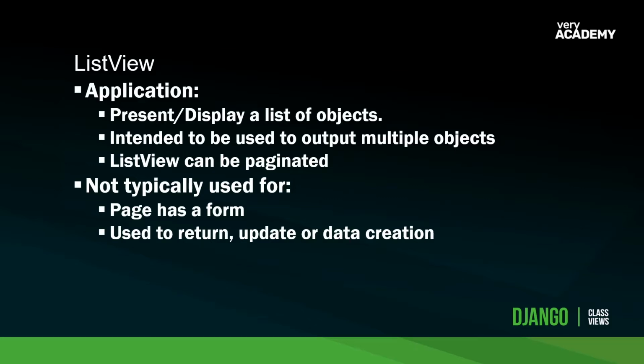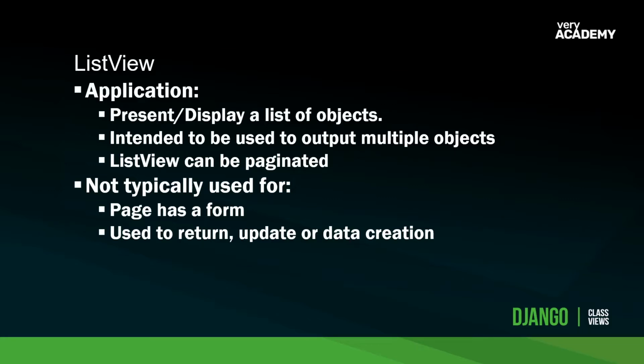But something that makes the generic ListView stand out is that it can be paginated. If you're not familiar with that, you might have already visited a web page where, at the bottom of a list, there are options to navigate to different pages of that list. We're just breaking up a big list into multiple pages, so pagination.